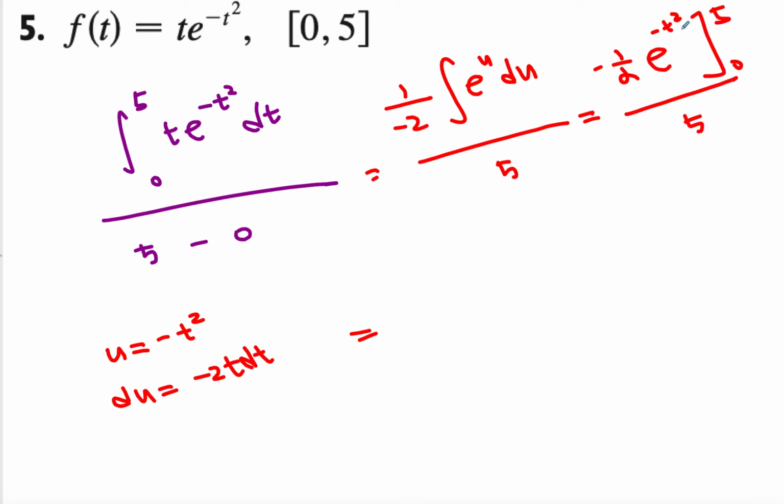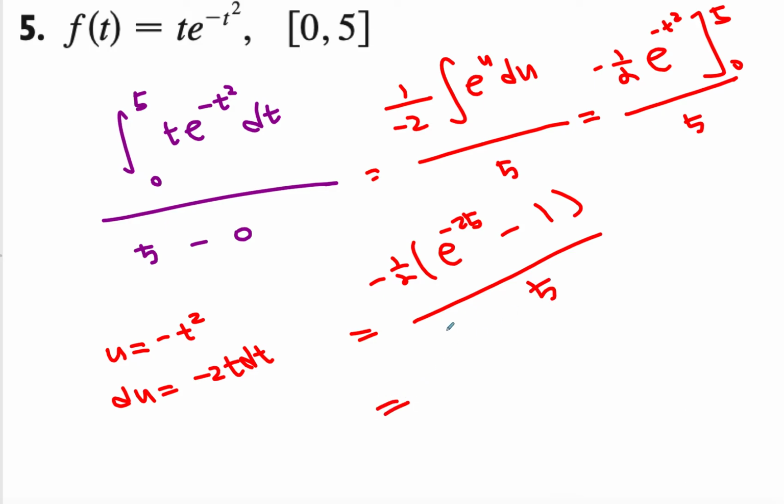When you plug in 5, we get negative 1/2 times e to the negative 25th power, and then minus, when you plug in 0, we get 1, all over 5. When I rewrite it, I end up getting 1 minus e to the negative 25th power. The reason I switched them is because of the negative sign. All over 5 times 2, which is equal to 10.